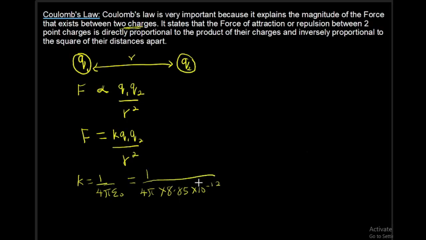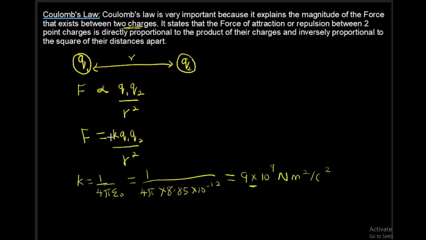If we use our calculator to simplify this, we get approximately 9 times 10 raised to the power 9. This is the value of K. It has a unit: Newton meter squared per Coulomb squared. The whole of this is the value of our constant K.